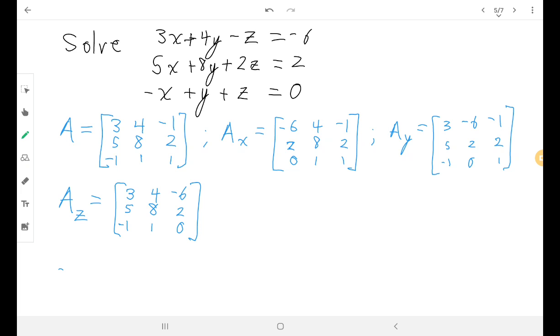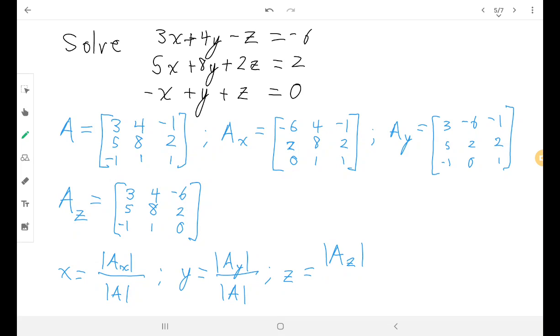And then x is the determinant of A sub x over the determinant of A. Y is the determinant of A sub y over the determinant of A. And z is the determinant of A sub z over the determinant of A. And I am going to just put them into the three-dimensional coordinates once I have calculated them, but I need to plug in my A and so forth, so let me do that.